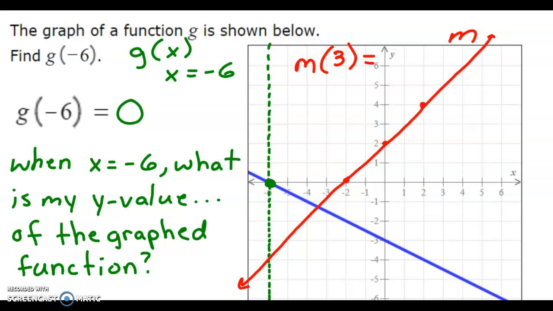So I'm looking at my x value of 3. What's the function on the graph when x equals 3? What's the y value? So I just added this one in there. What's my y value at x equals 3? 5, right? So when x is equal to 3, function m at 3 is going to be at 5 on the y-axis. Okay? So that's how we're finding these values.